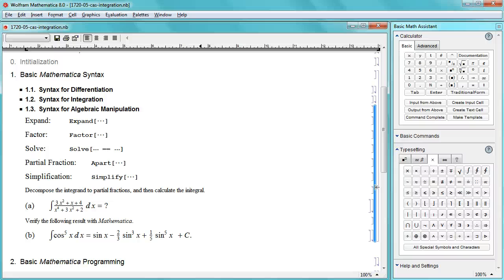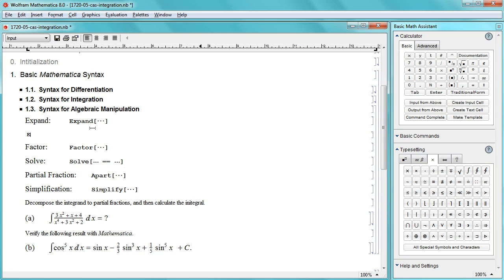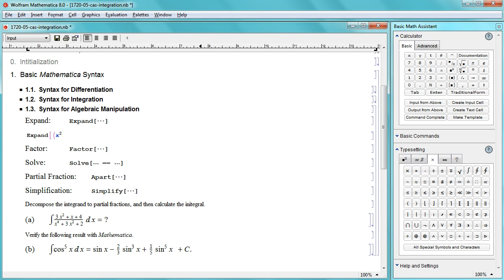For example, how do you expand a polynomial? Well, Expand and an expression. For example, if you have to expand a polynomial expression like, let me type something in, x squared plus 3x minus 4, 4x plus 1, 4x minus 2, 3x plus 5, x squared plus 2.